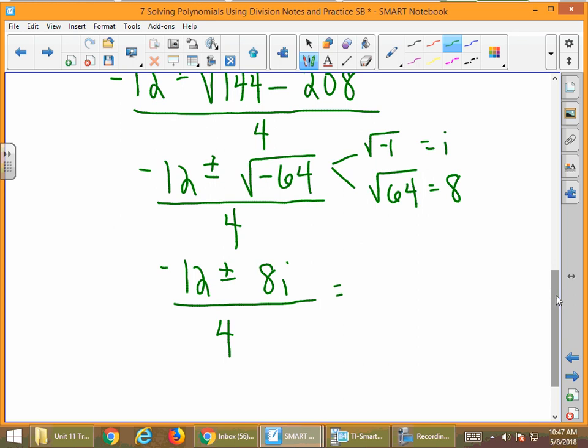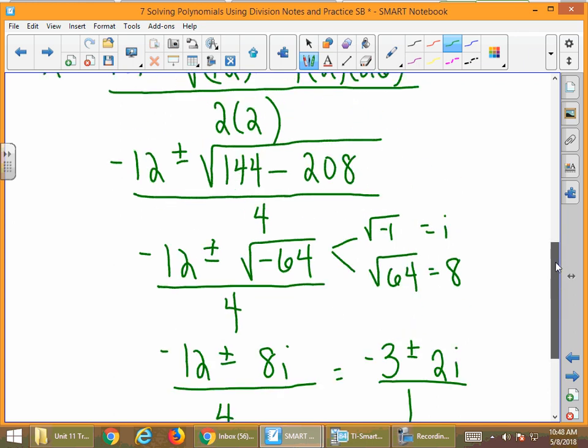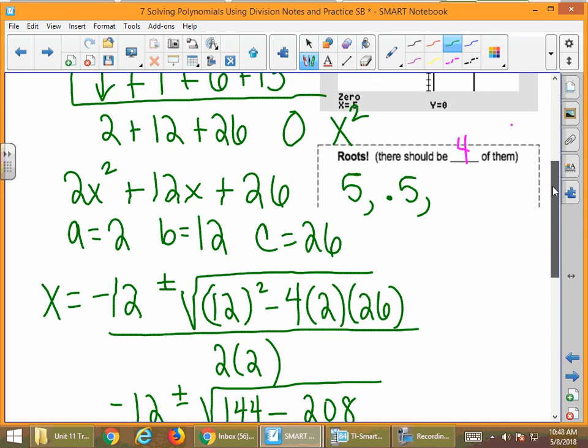So if we take negative 12 divided by 4, we get negative 3. If we take 8 divided by 4, we get 2i. And 4 divided by 4 is 1. And then when we write down all of our roots, it's going to be negative 3 plus 2i and negative 3 minus 2i.